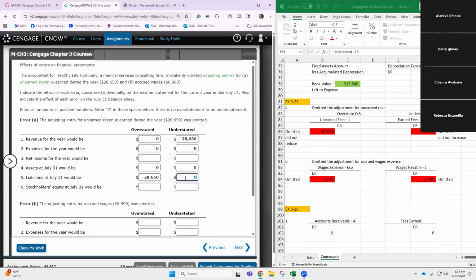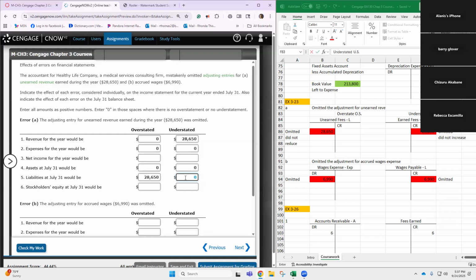So since this is understated, remember net income. What makes net income? Net income is revenues minus expenses. And since this adjustment would have made revenue go up, but it didn't, it's understated.